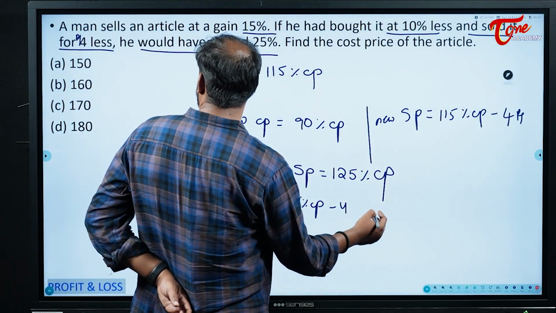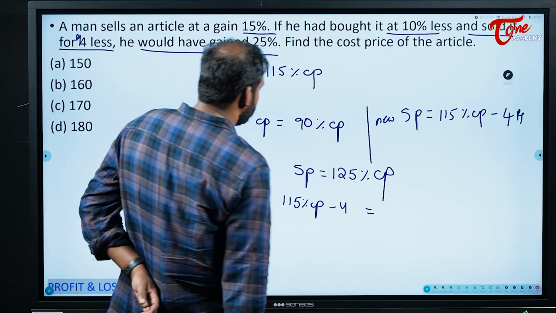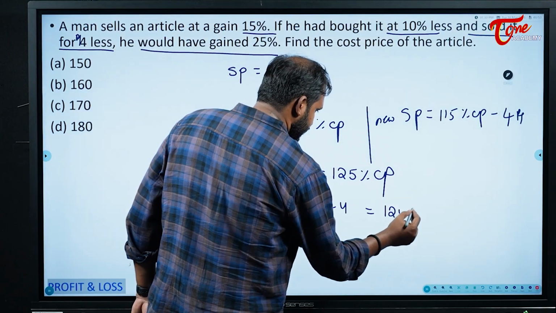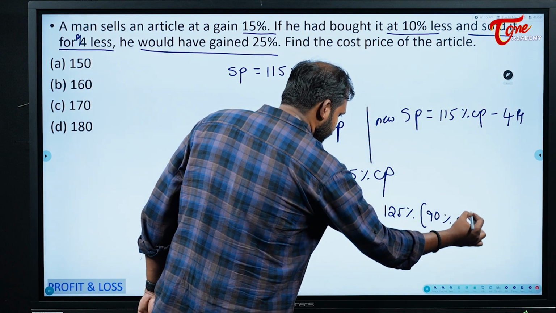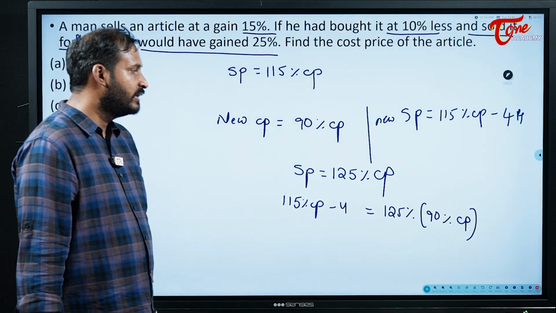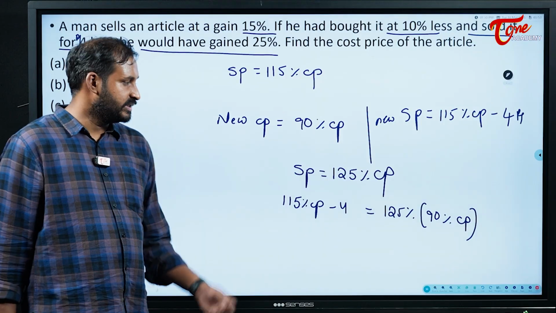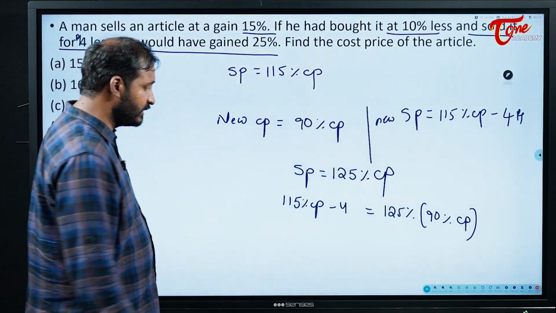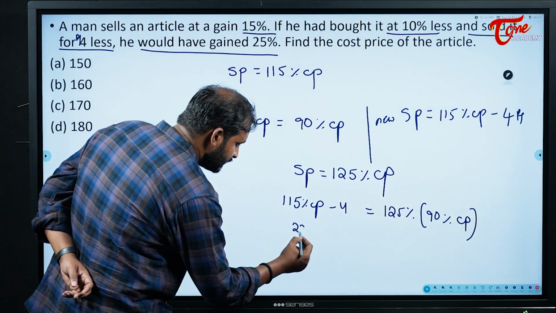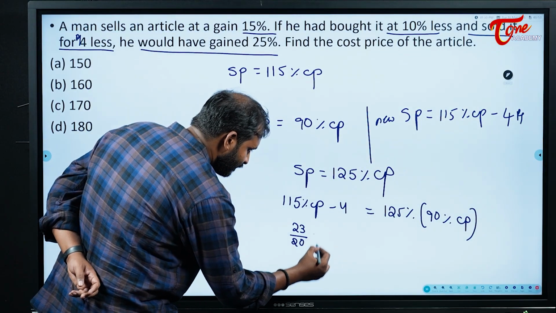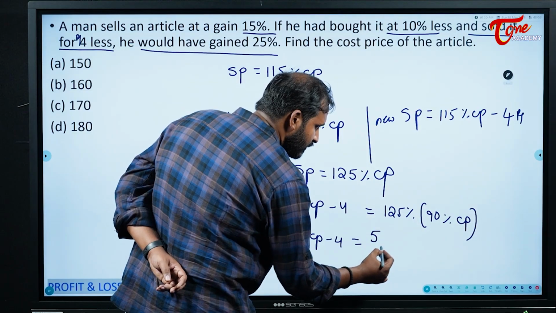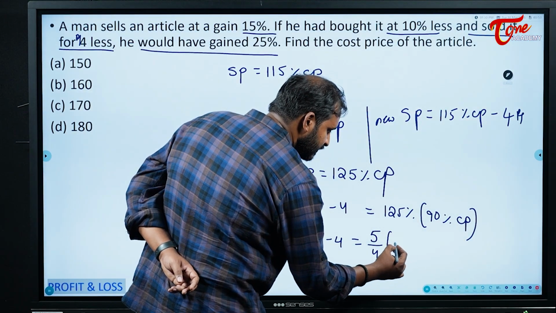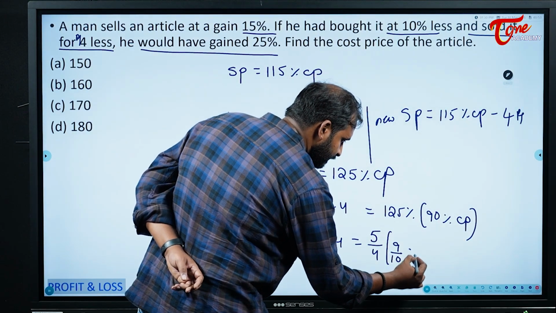That is equal to 125% of 90% of CP. See students, for better and easier calculations, I will write this as 23 by 20 CP minus 4, which is equal to 125, which means 5 by 4, and 90% means 9 by 10 CP.